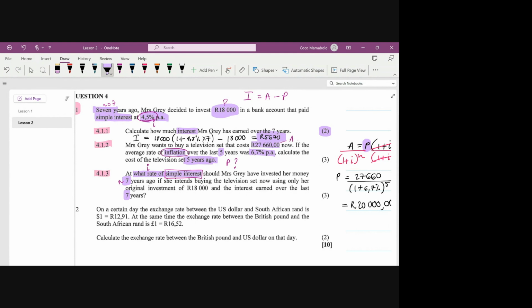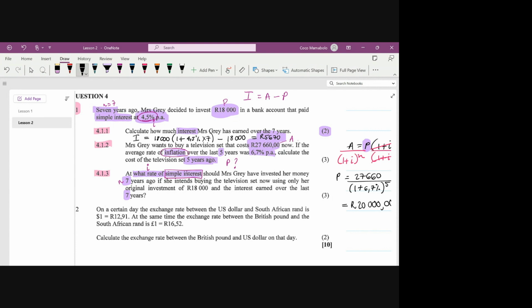Okay, so if she's going to invest 18,000 7 years ago, right? And she knows that from that 18,000, she's going to get 5,670 if she invests at that interest rate. What interest rate must she put it in order for it to get to 27,660?